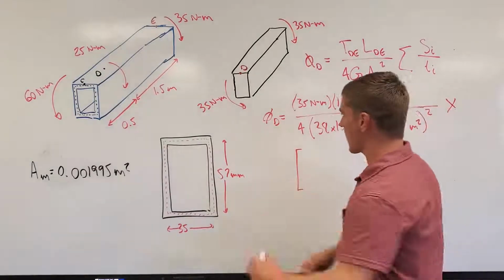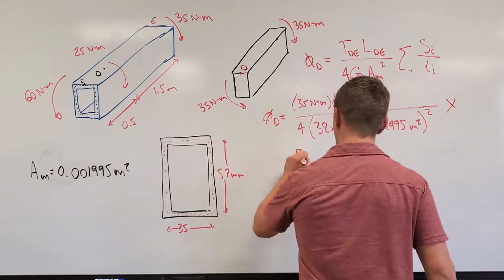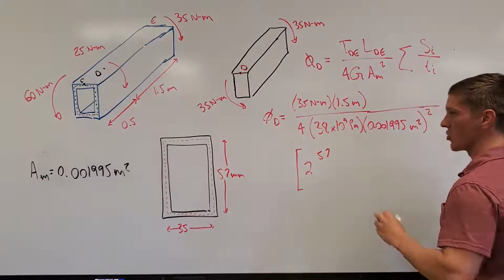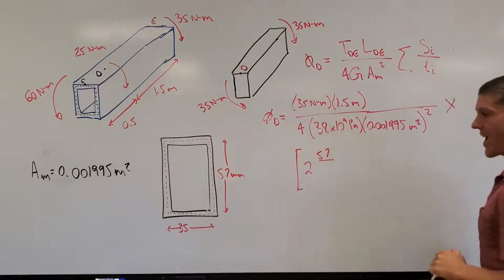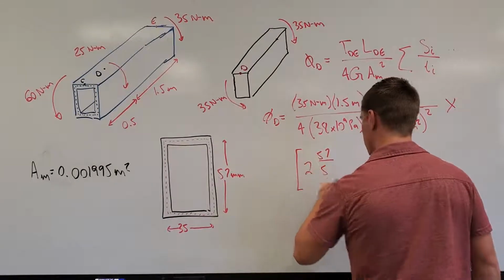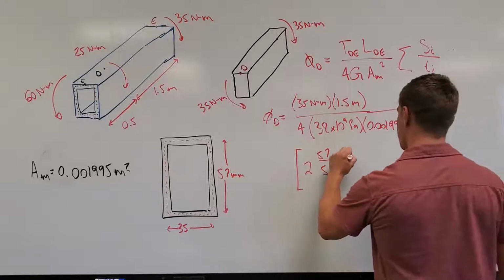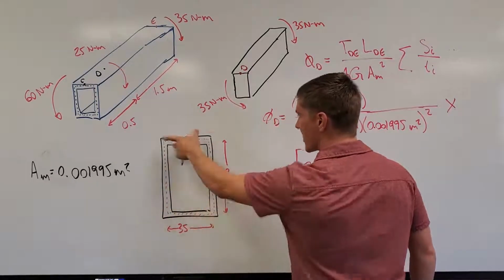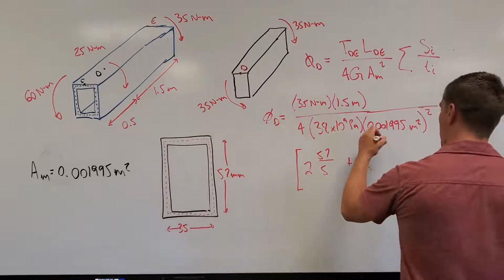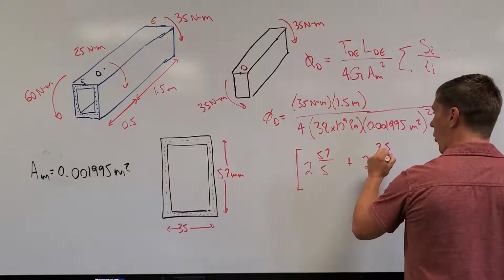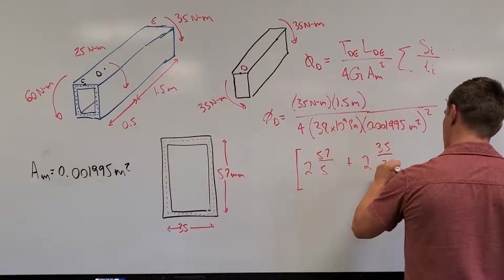It's a rectangle, so I have two sides, which are 57 millimeters long, divided by a thickness of 5 millimeters. And then I have two horizontal sections, the top and the bottom, which are 35 millimeters long, divided by a wall thickness of 3 millimeters.